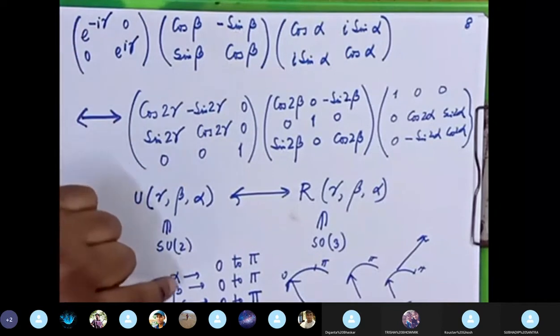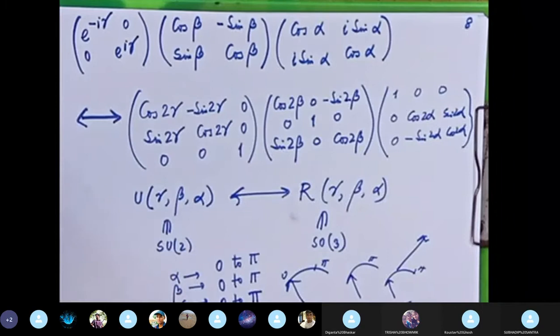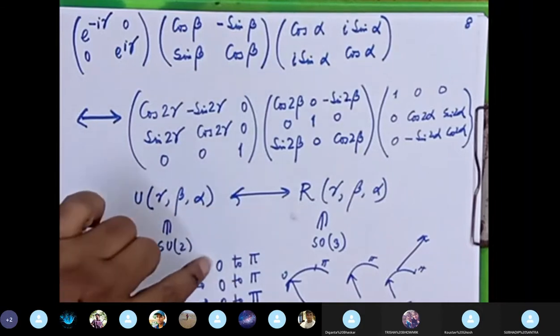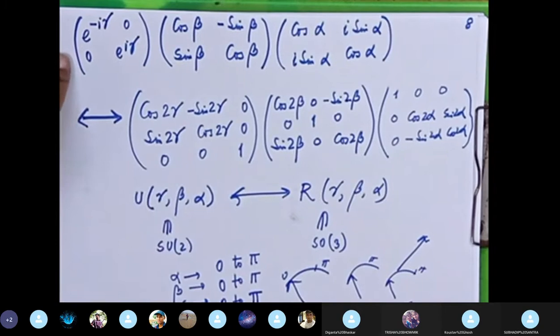Now, if alpha, beta, gamma vary from 0 to 2 pi, the question is whether all elements of this SU2 group are generated. Parameters are useful for generating different elements of the group. Now I am varying this over this range.